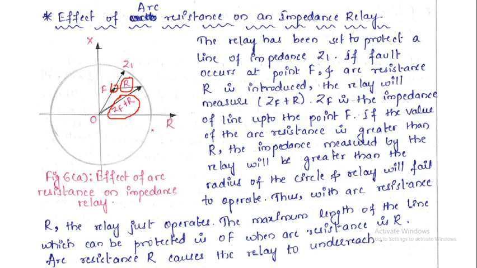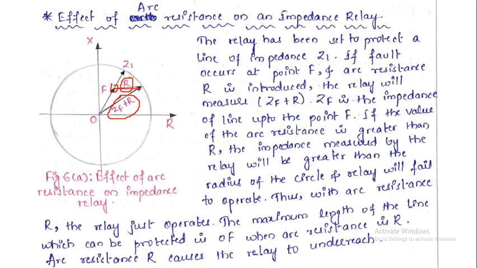If the value of the arc resistance introduced into the fault is greater than this length, the impedance measured by the relay will be greater than the radius of the circle. Here we have taken only up to this point.